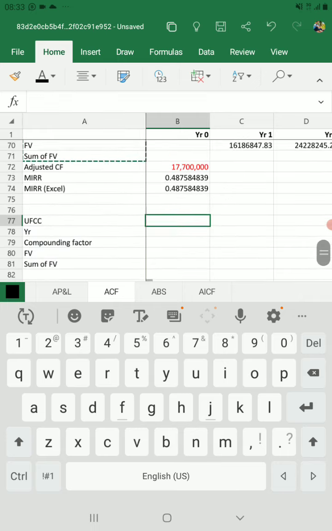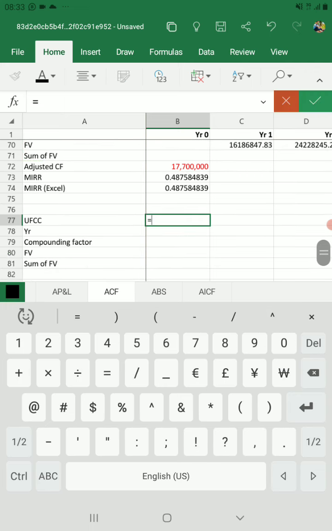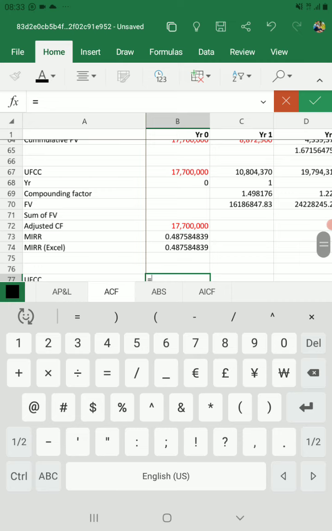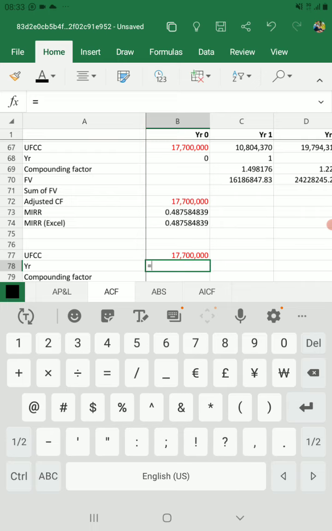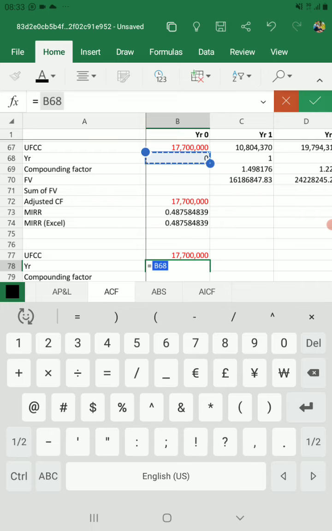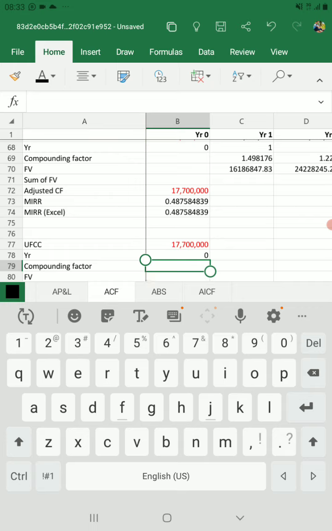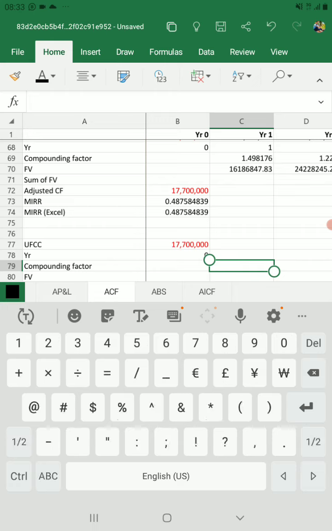So let us repeat again here. By unlevered free cash flow, start with equal sign, pick it from here, press enter. Year, start with equal sign, pick it from here. Compounding factor is going to be the same. Okay, so what I can do is simply start with equal sign, pick this one.